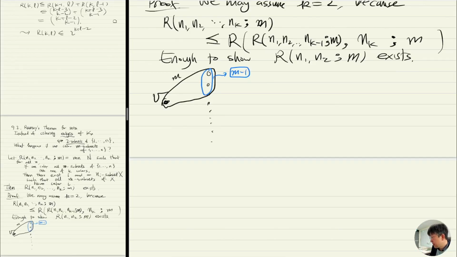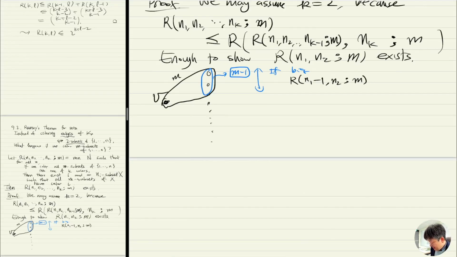Now, what we are going to do is apply induction. And we want, if this is big, so how big do I want? Like for instance, if this is as big as the Ramsey number of n1 minus 1 and n2 and m.